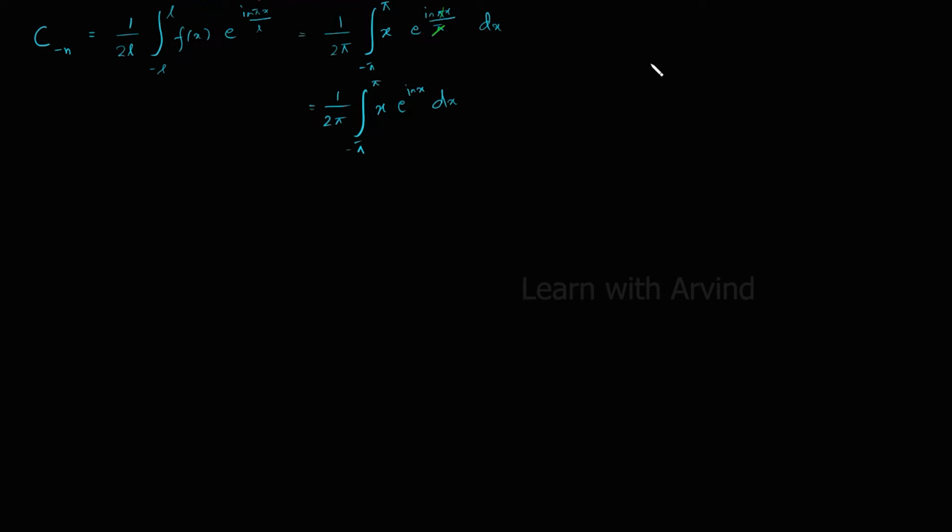Since we have two functions, we are doing integration by parts. Putting u is equal to x, dv is equal to e power i n x dx. du is equal to dx, v is equal to e power i n x divided by i n.